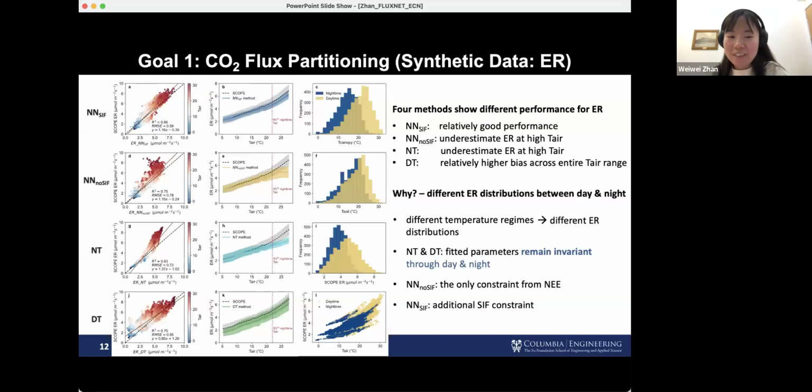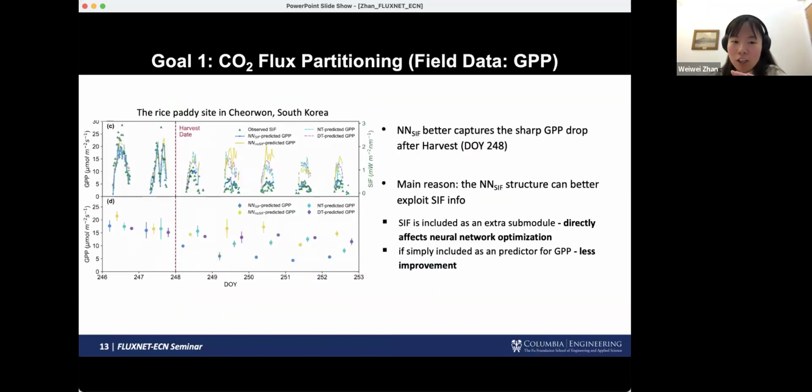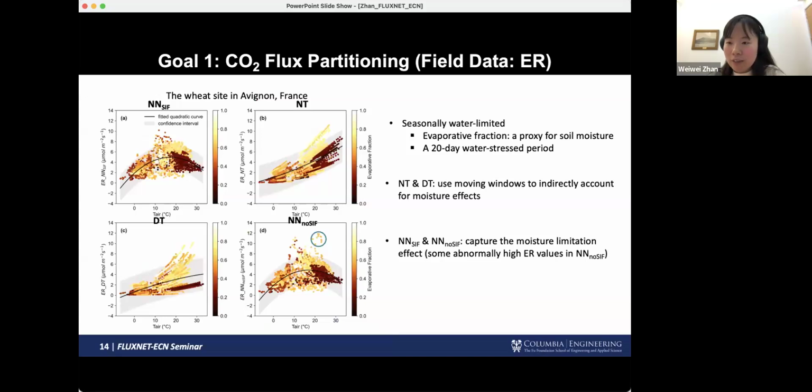Thank you for this fantastic question. I think you pointed to 2 different points regarding how we estimate respiration. Regarding the moisture effect, the reason why the no SIF model can perform better is mostly because it uses more combinations of different inputs, including moisture, to directly consider its effect on ecosystem respiration.